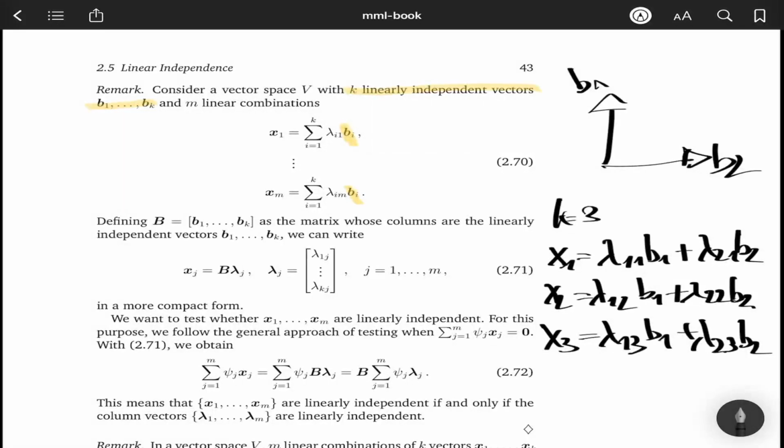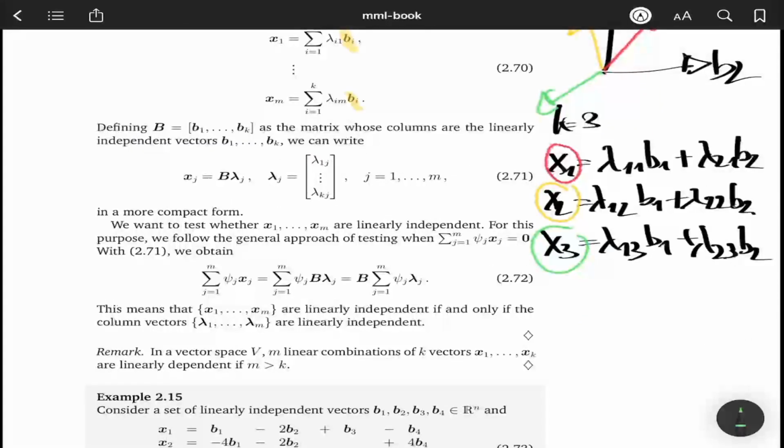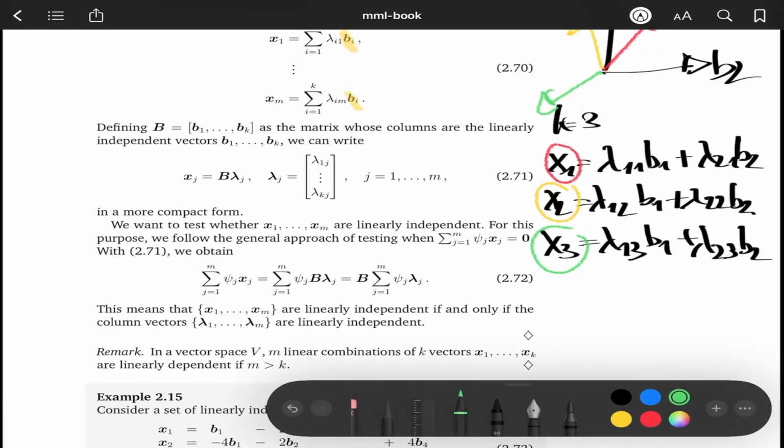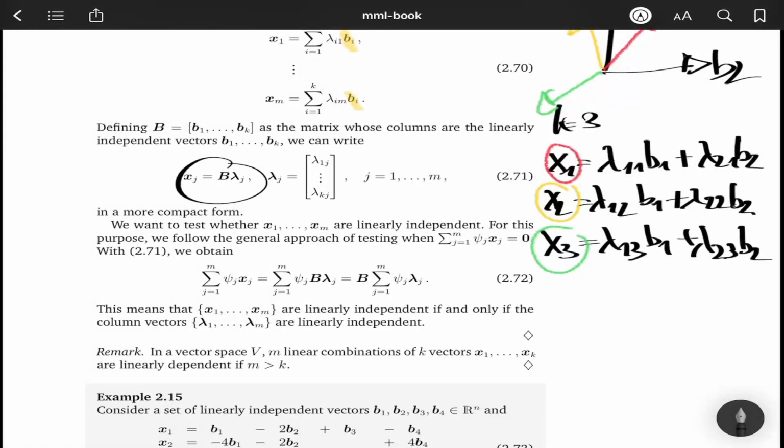So let's say this one is the red one, and that one is the yellow one, and the third one is the green one. Okay, we know that B is independent, but now, instead of writing this that way, they say it is easier if we write it like that.